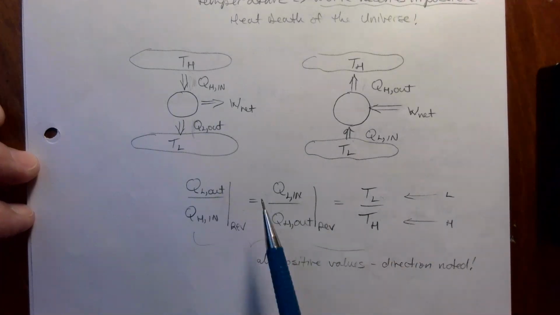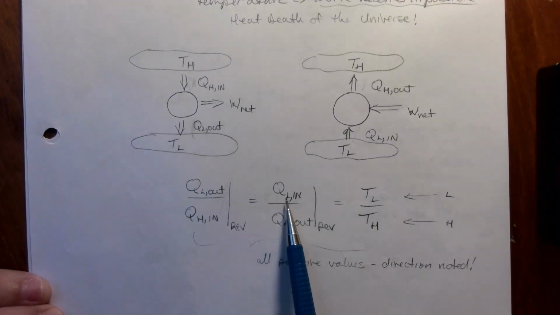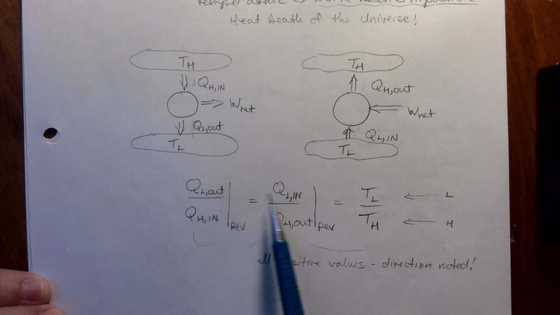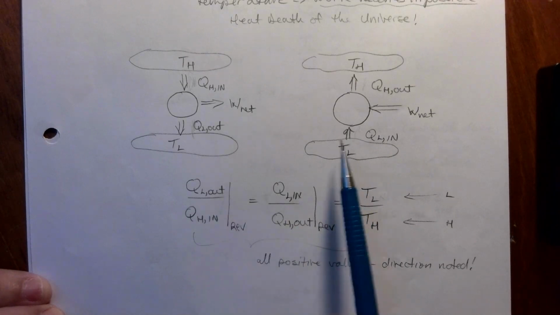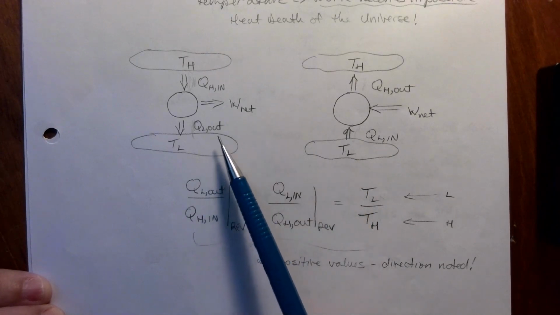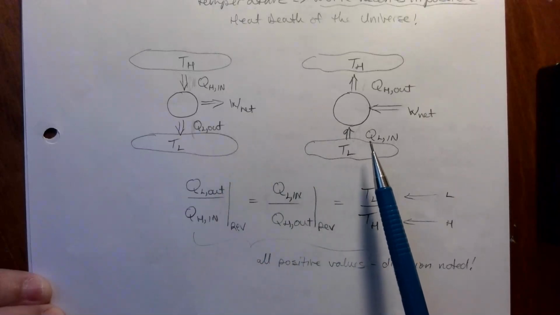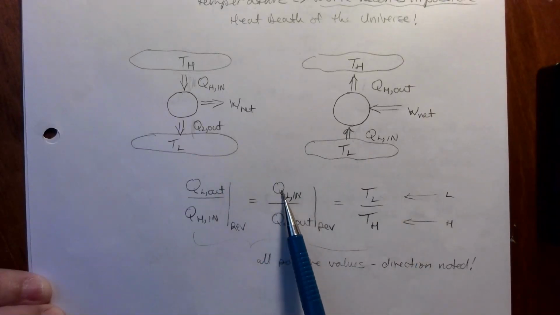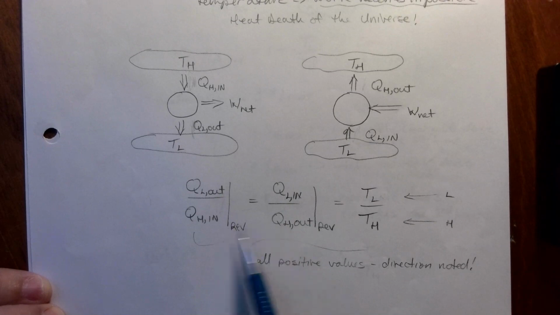So notice that the numerator is associated with TL in both cases, right? This is QL out and QL in, so this is the numerator associated with the heat transfer interacting with the lower temperature reservoir. The denominator is that with the high temperature reservoir.